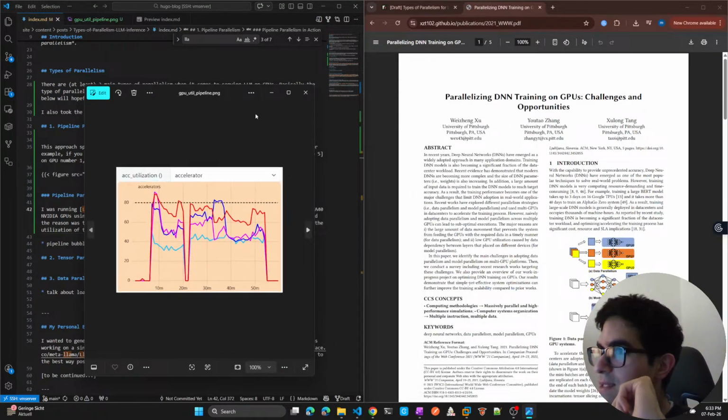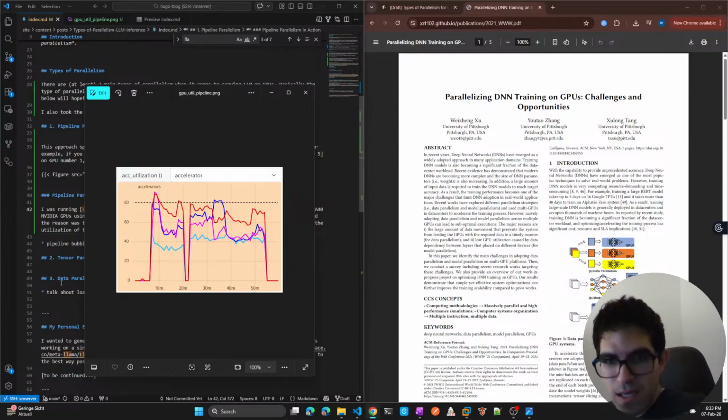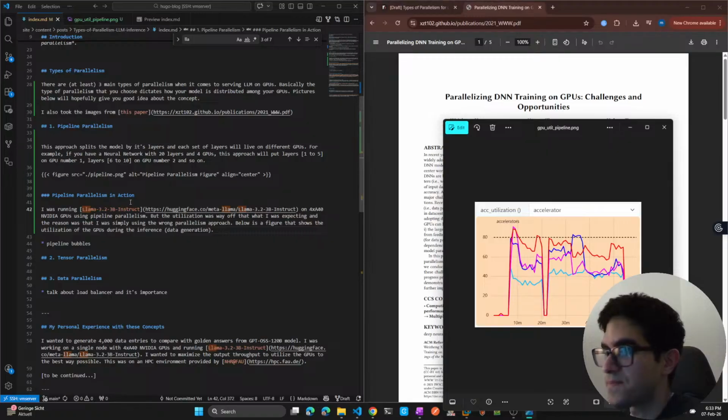Okay, and then the picture, and then the picture would come after.